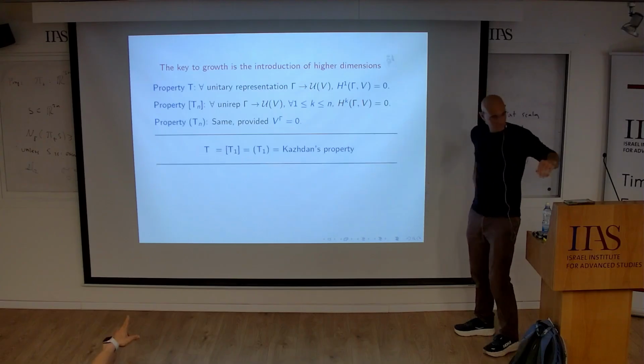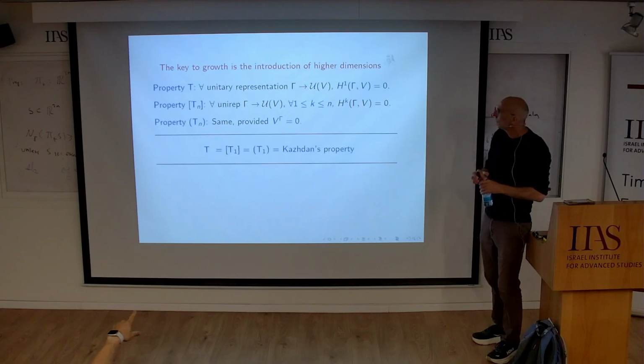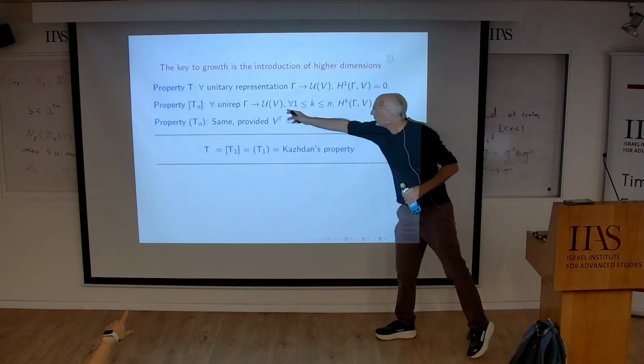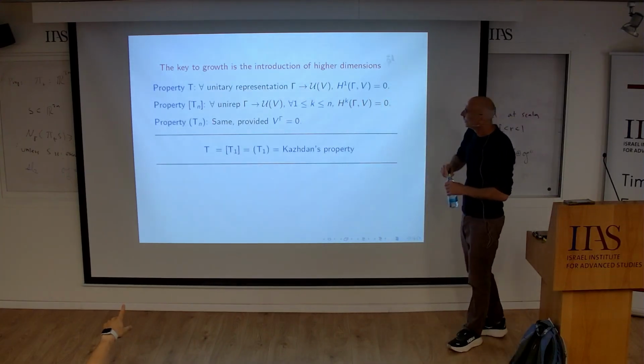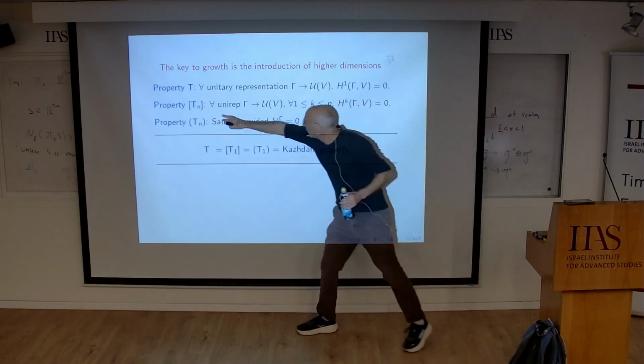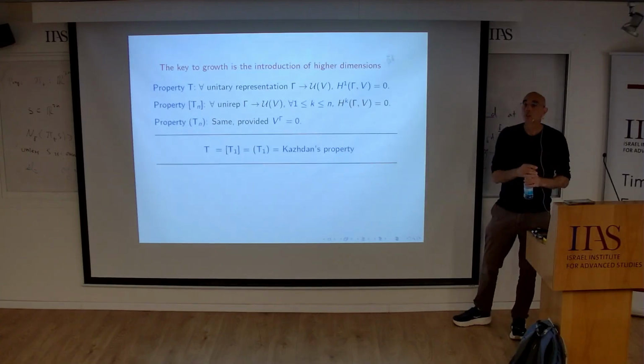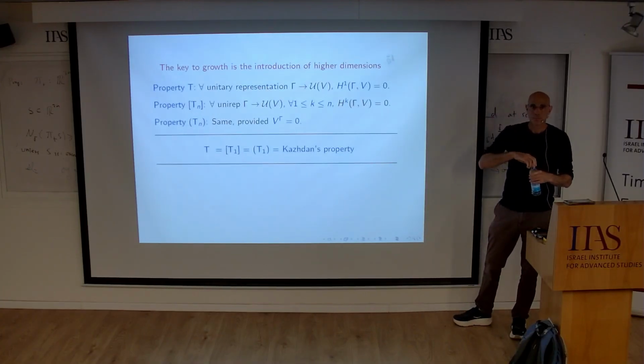Uri, just a short question. When you say same provided, the second one is weaker than the first one? Yes. You restrict somehow. Indeed. So the squarish Tn implies the oval Tn. Excuse me? No, it's not the same.